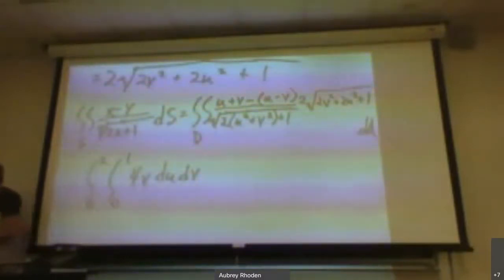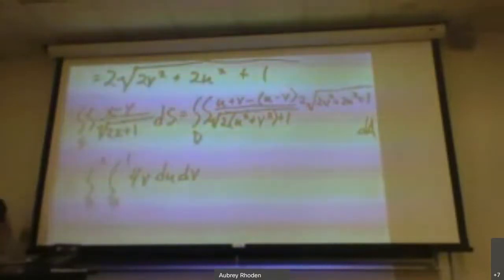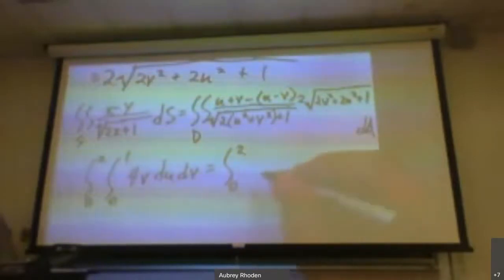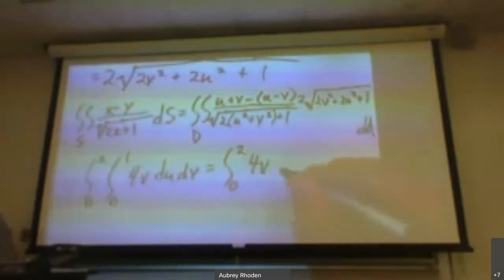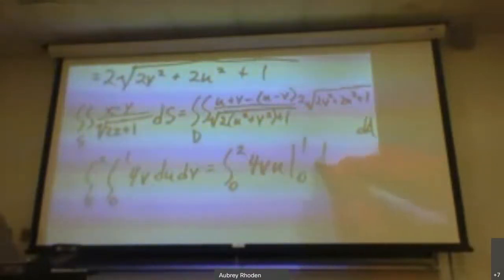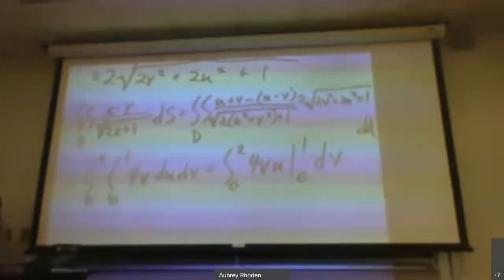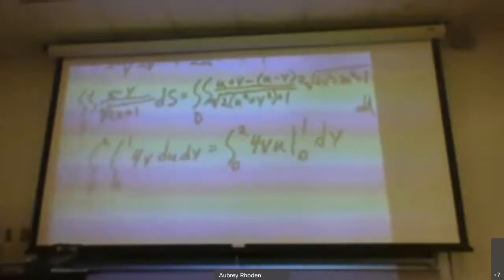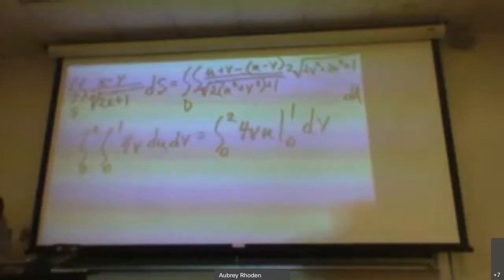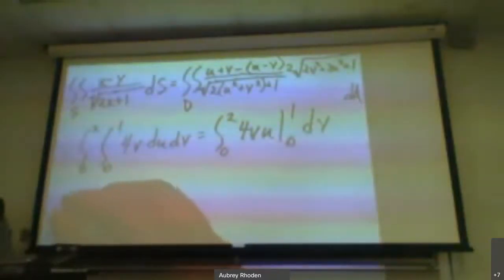Now, if I integrate 4v with respect to u, that just becomes 4vu evaluated at 0 and 1. And so if I plug 1 into this thing, that's just 4v.